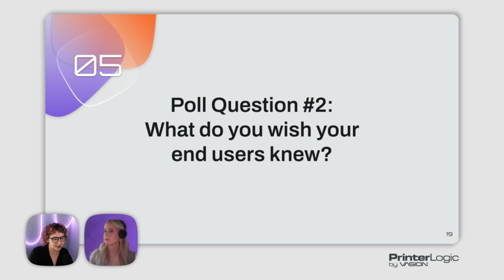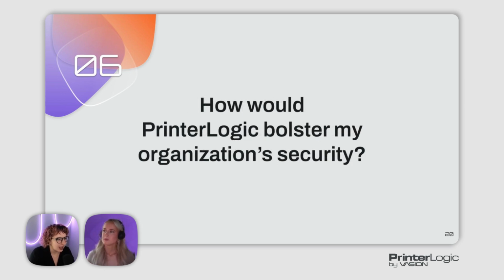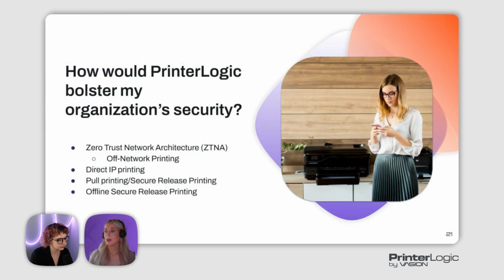So my next question for Kayla is, how would PrinterLogic bolster my organization's security? Yeah, we can do this by many different methods. I had previously mentioned the off-network printing functionality that PrinterLogic has to offer, but that leads into a zero trust environment.